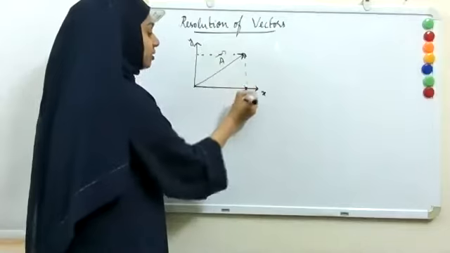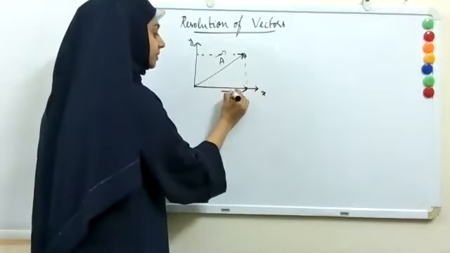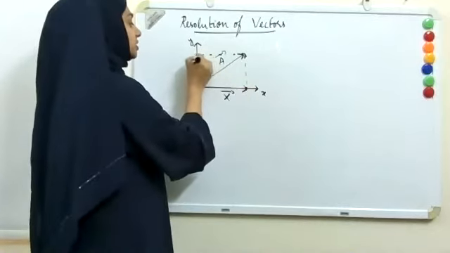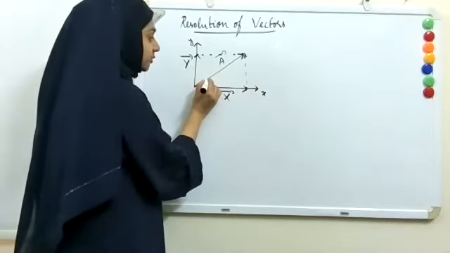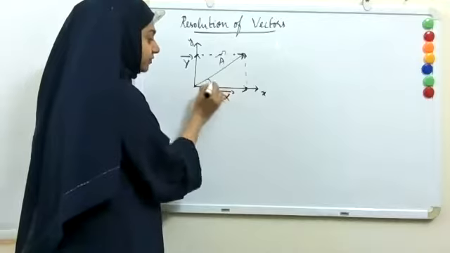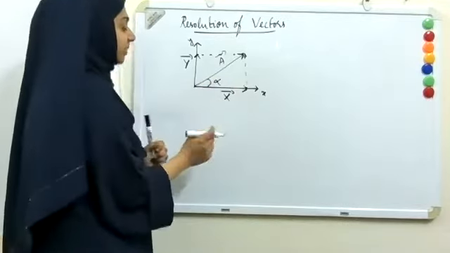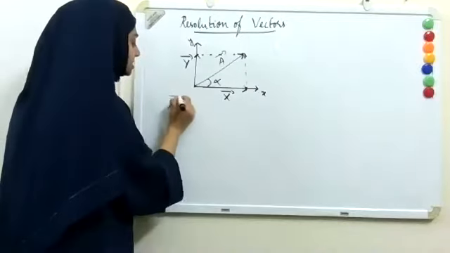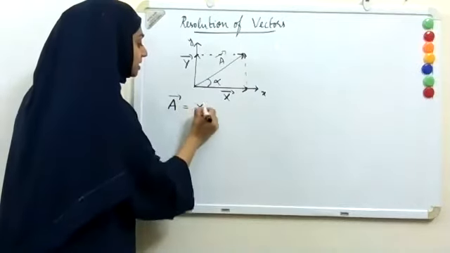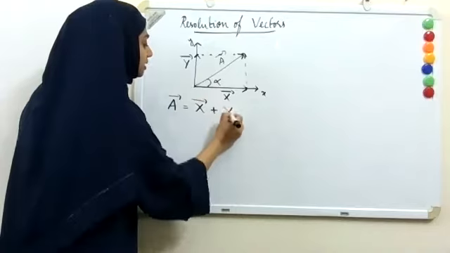So if this forms a vector x, and if this forms a vector y, and if the angle between vector A and one of the vectors is alpha, then I can express vector A as equal to vector x plus vector y.